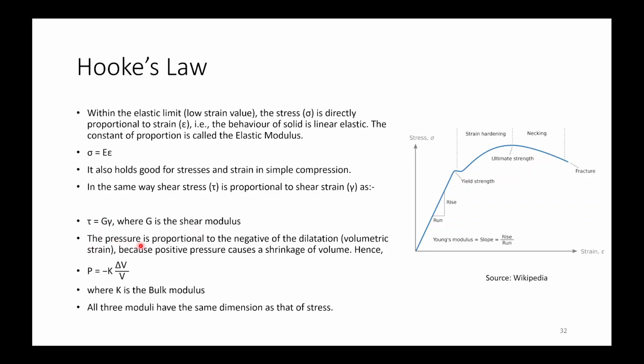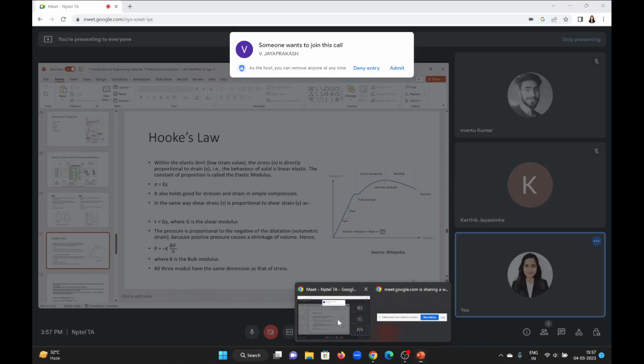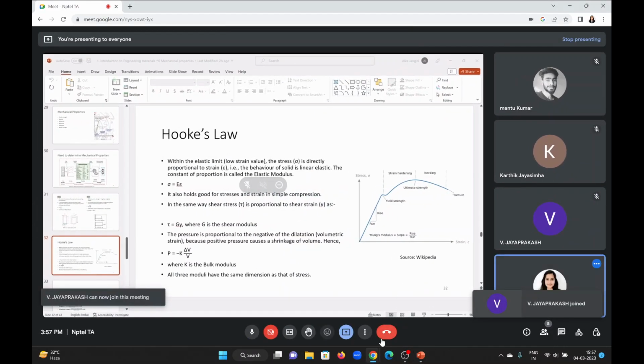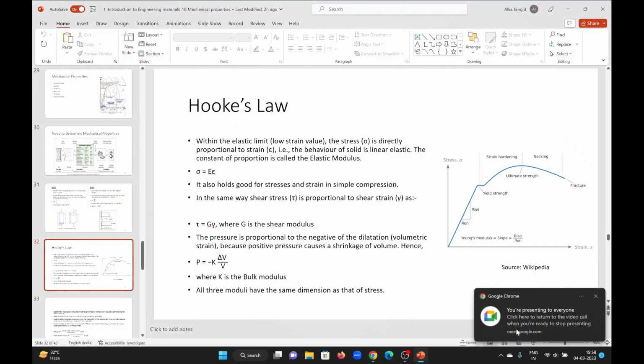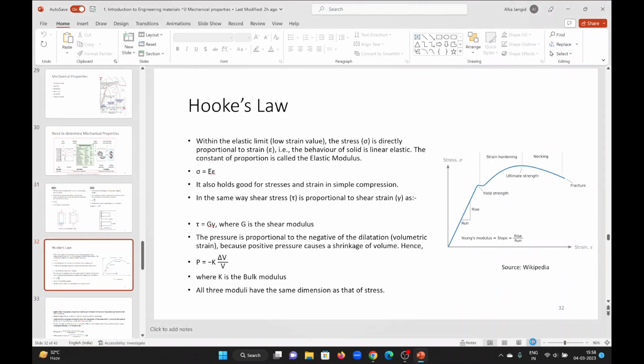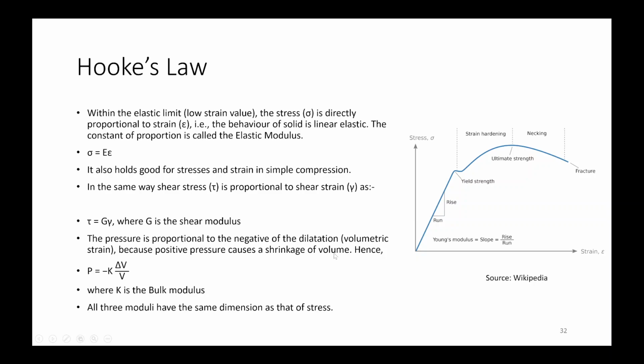And in case of pressure, the dilation, the negative of dilation, will be proportional, so the constant will be the bulk modulus, whose symbol is K. Okay, so all these three moduli, K, G, E, have the same dimension as stress, which will be Pascal, in gigapascal, megapascal, etc.